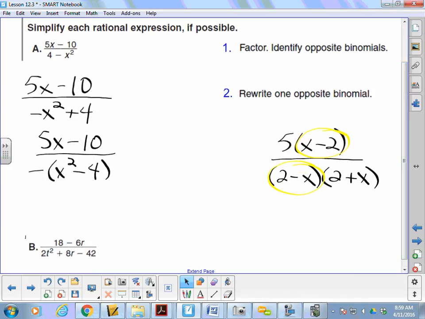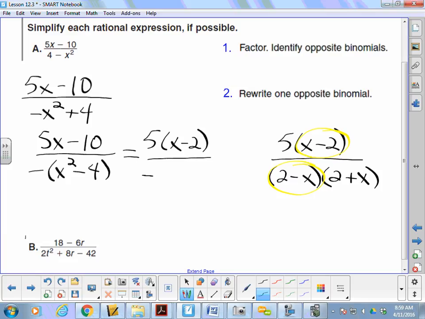So now I can take out the greatest common factor for both of them. Take out my 5, get x minus 2. And I still have this negative in x plus 2 and x minus 2. The only difference is I have that negative in the denominator, which is making the whole thing negative.